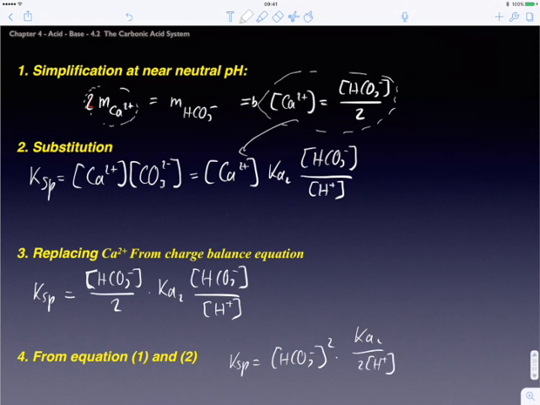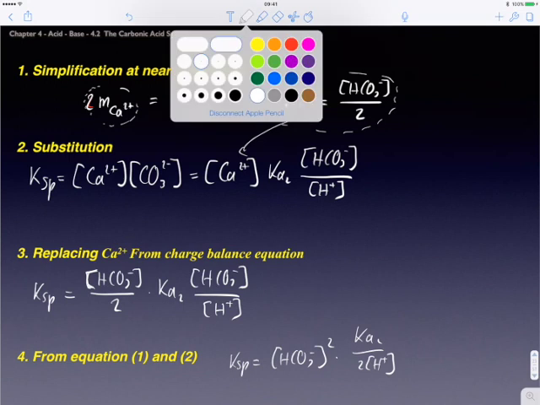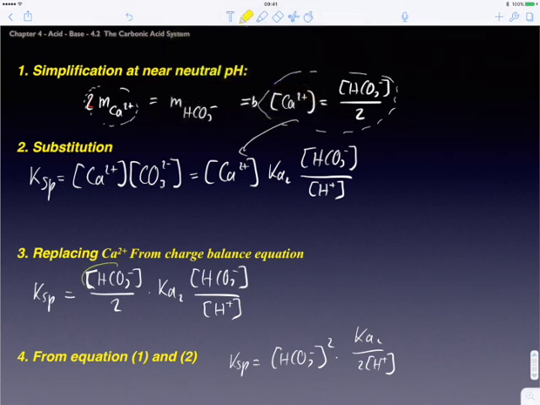What I did here is just rearrange this: I multiply this by this, which gives you this, and then it gives you only that at the end.